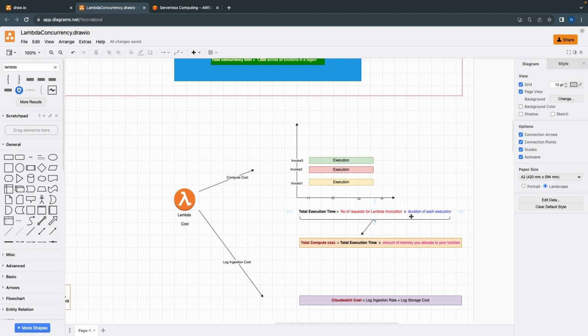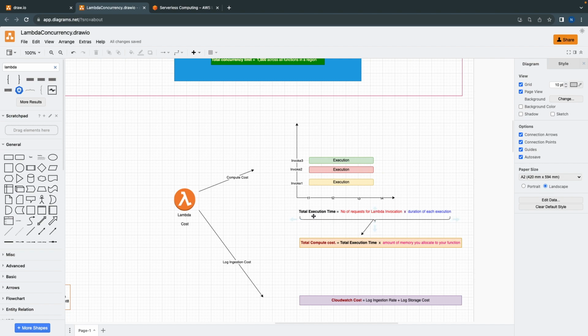multiplied by the duration of each execution. So in this example, say it is 2 minutes for each execution, which means 2 minutes times 3 times the Lambda is executed.